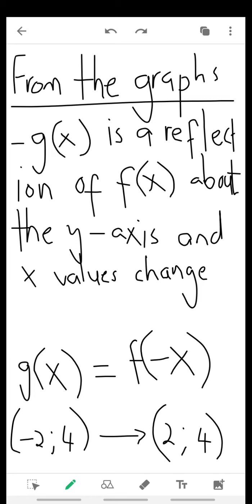It will be g(x) equals f(-x). Remember, it was x, but because there is reflection along the y-axis, x changes, hence we substitute a negative x. That means if the coordinates of f were (-2, 4), then reflection along the y-axis will keep the same y values, but the x value will change and it will be 2.